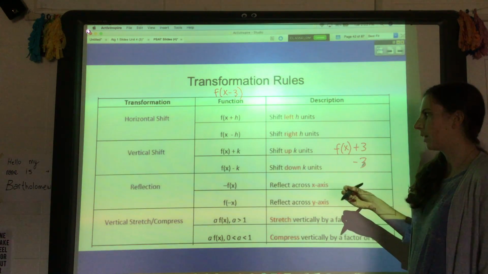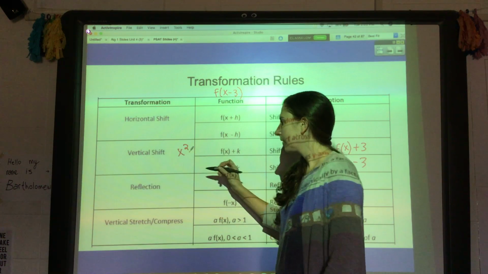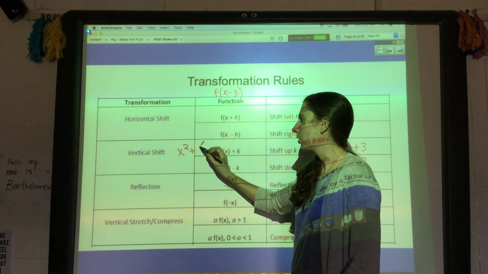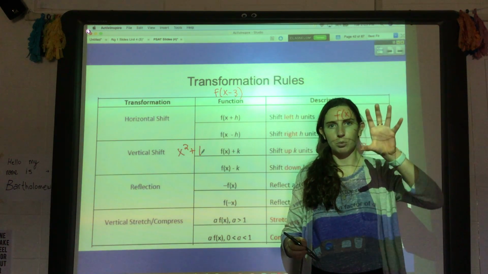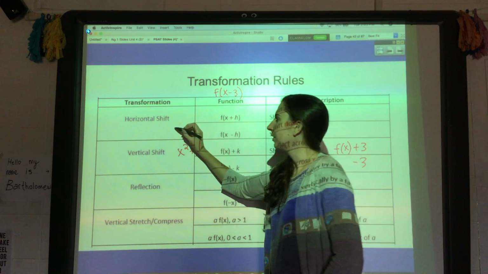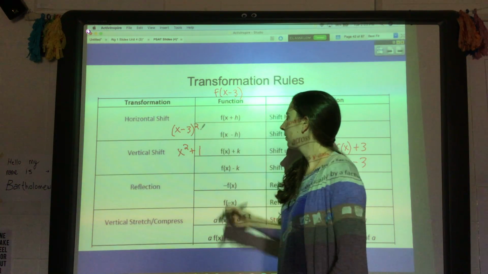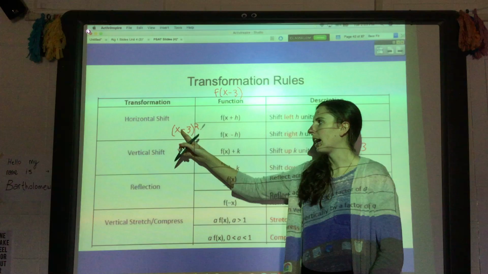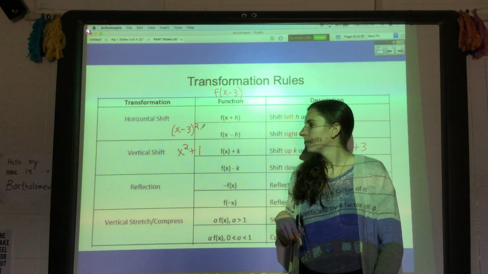So for example, let's say we're using the quadratic parent graph, x squared. If I do x squared plus 1, that's our usual parabola just shifted up 1. Or if I do x minus 3 squared, this is going to shift the graph right 3, because it's right in there with the x.